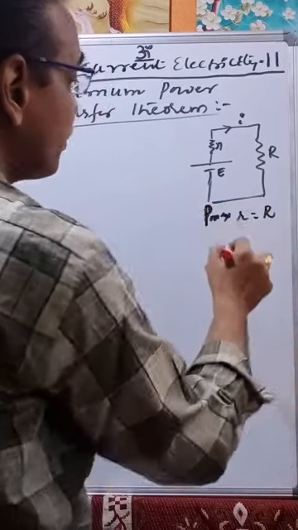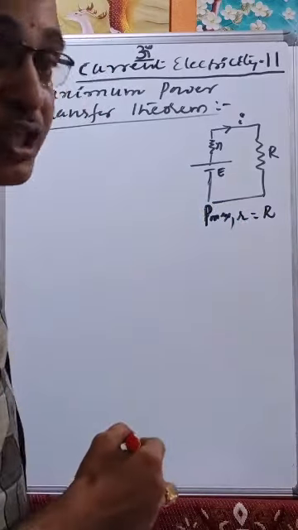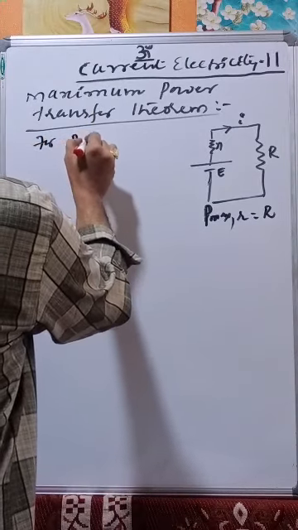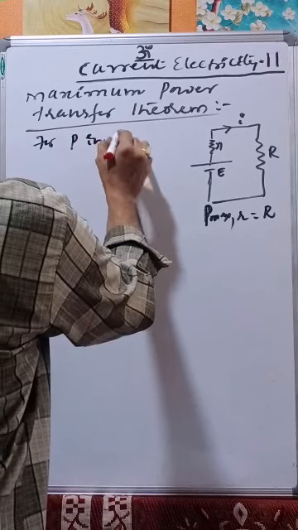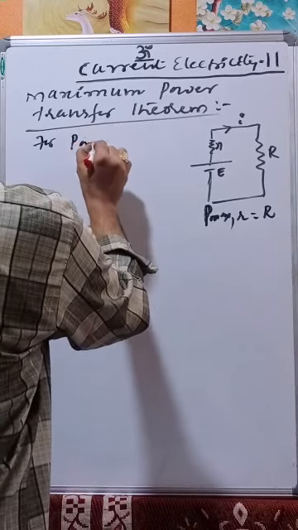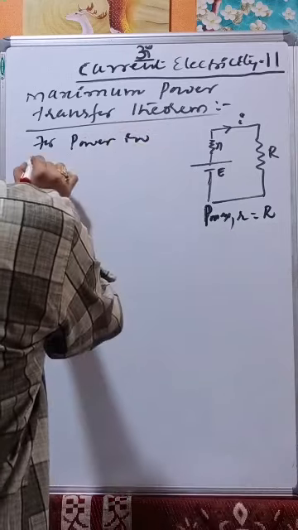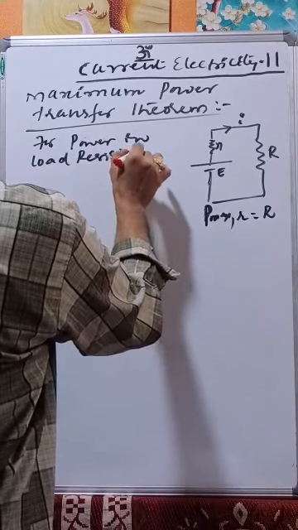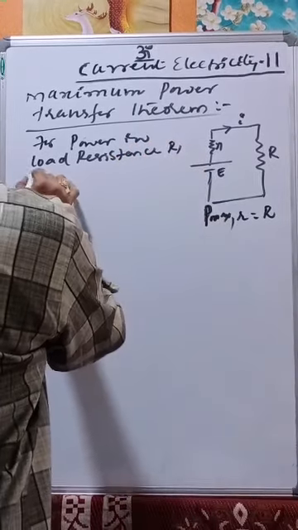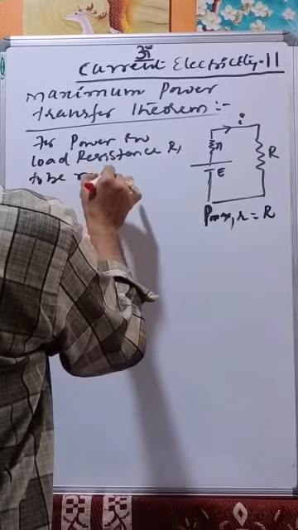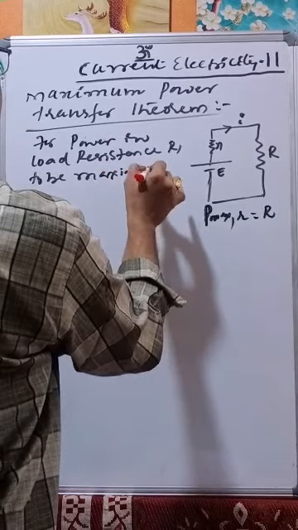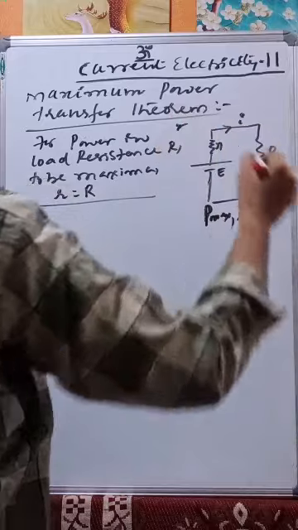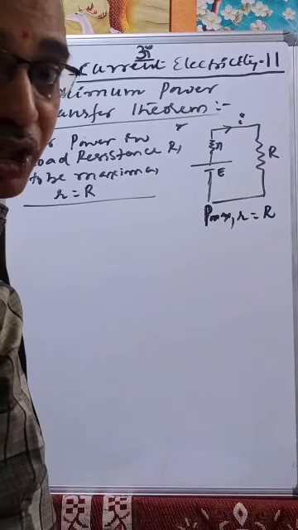So for power in load resistance R to be maximum, R should be equal to r. This is the statement of the maximum power transfer theorem.